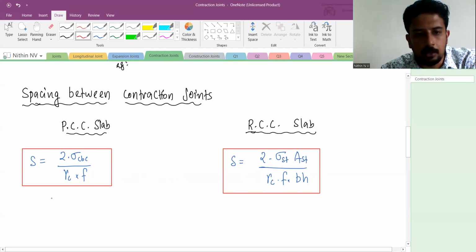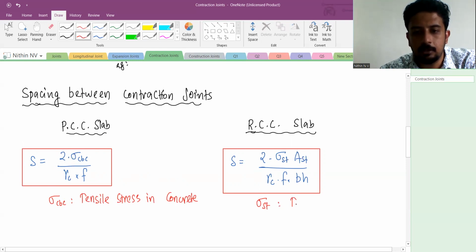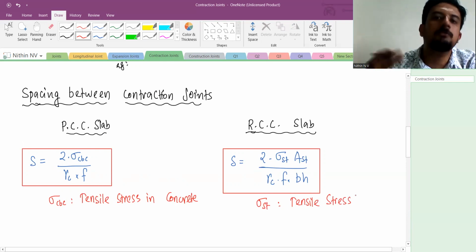Fine. Now, sigma CBC stands for the tensile stress in concrete. Whereas sigma ST stands for the tensile stress in steel, because it is reinforced now and the entire stress will be taken by the reinforcement.